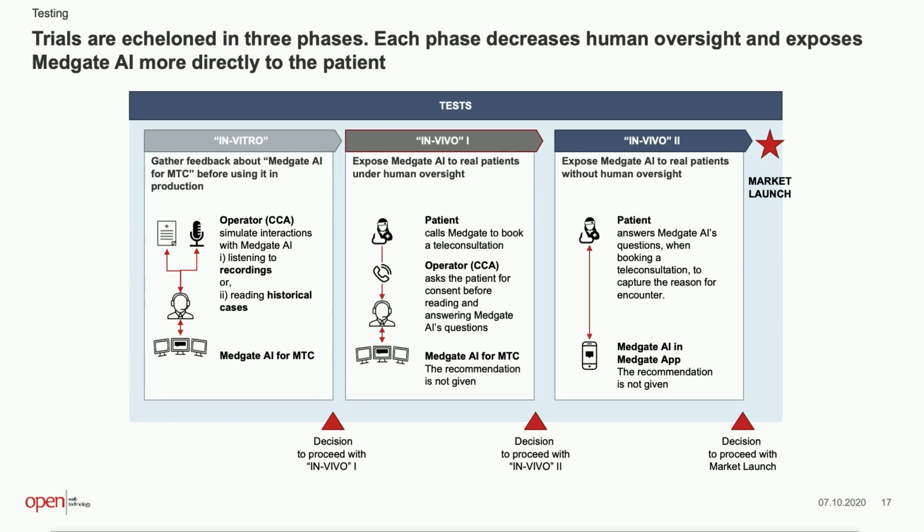So finally, the in vivo phase 2, we expose the AI algorithm directly to the patient, but without giving the recommendation. So these inputs were then used internally to tune the application.